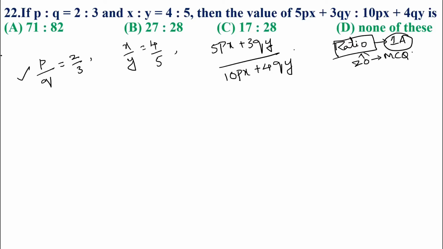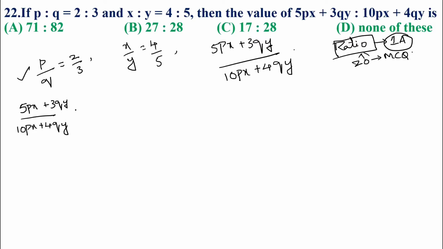Just divide the numerator and denominator by qy. So this will become (5px plus 3qy) by (10px plus 4qy).